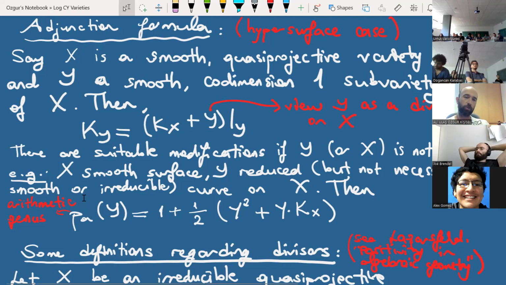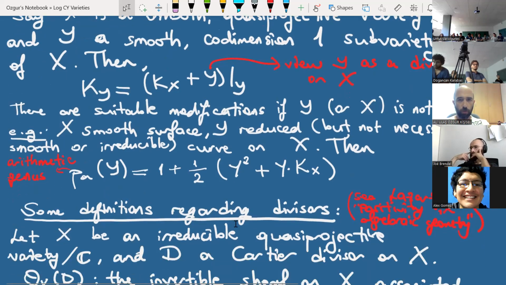But there's another way to resolve the singularity by deformations. More precisely, if you deform the curve in a flat family, and look at one of the nearby fibers, which is a smooth curve, you could look at the genus of such a curve, and that would be the arithmetic genus. So the one that's given by this intersection number is the arithmetic genus.